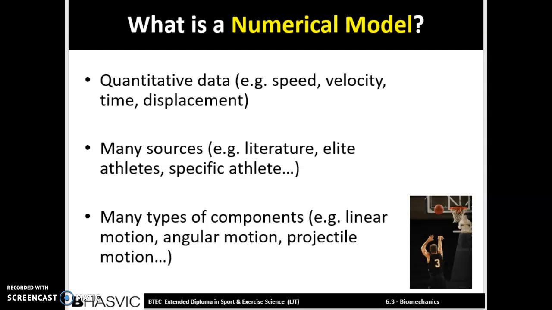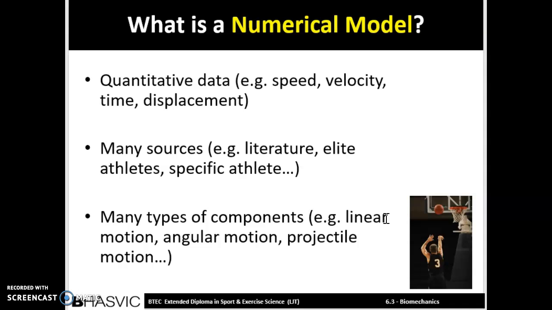There are many different components to look at in a numerical model. It could be looking at linear motion, angular motion. Linear motion is going in straight lines, for example, straight planes. Angular motion is moving around a plane, and that could be pivoting in basketball.